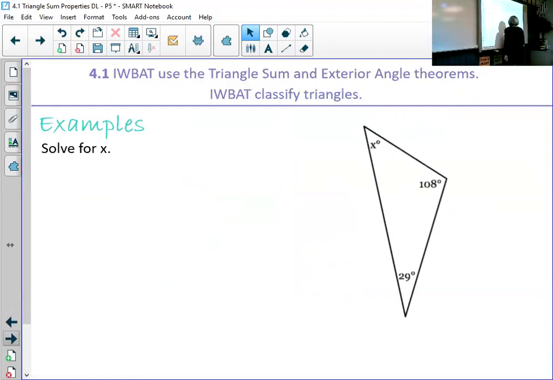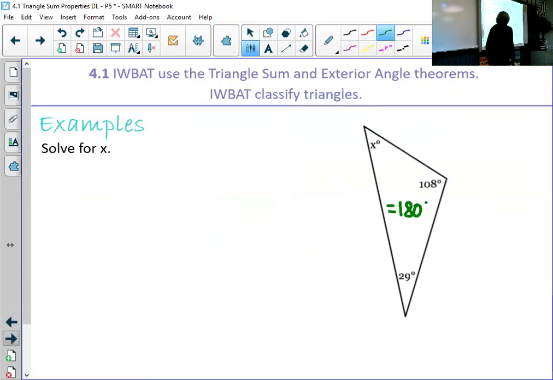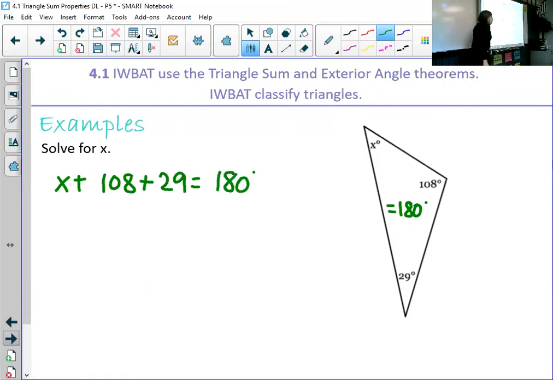So they all are going to equal 180 degrees, all of them together. So we can say x plus 108 plus 29 equals 180. So this is where you do all 3 of them equal to 180. So go ahead and solve that.